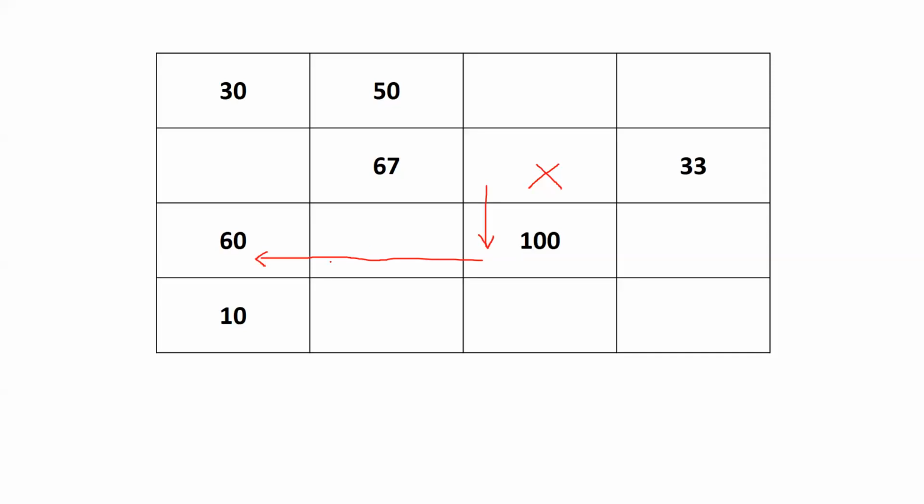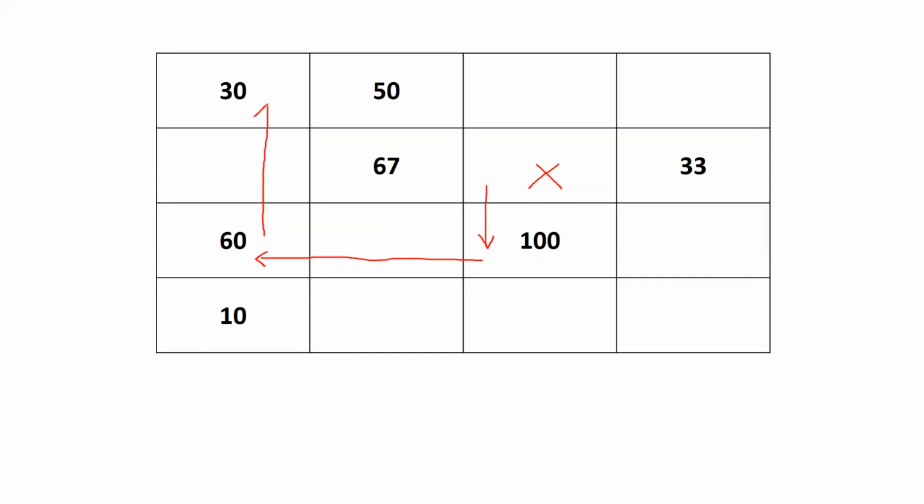Clear? Now, which is my other allocated cell where I can make a turn? Now I have a 10 here, but if you look at this row, I cannot turn from here because there are no allocated cells here. So I can move to 30 because we have a 50 next to it. So from this cell, I'll come here.